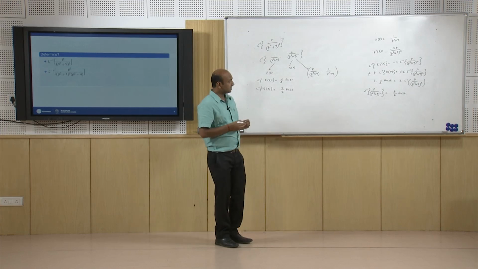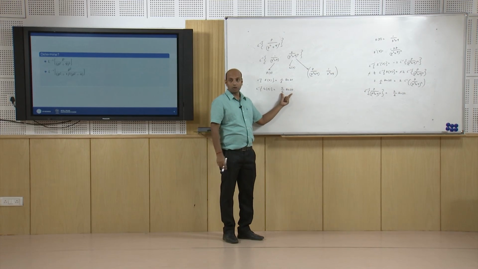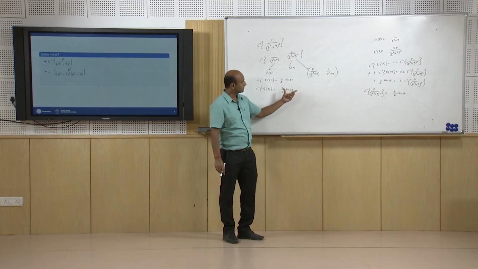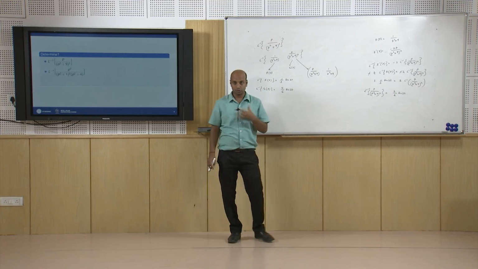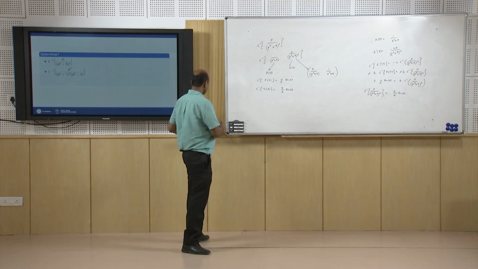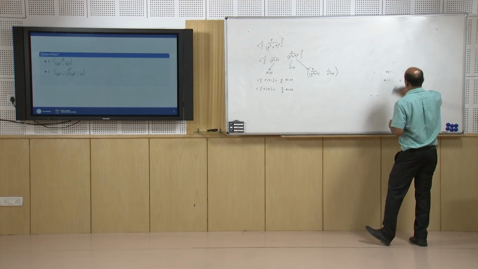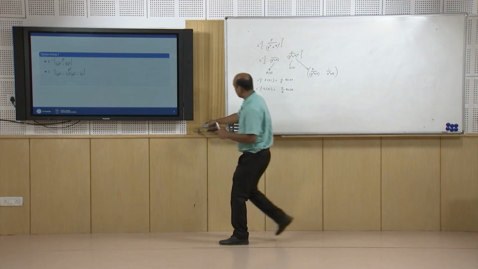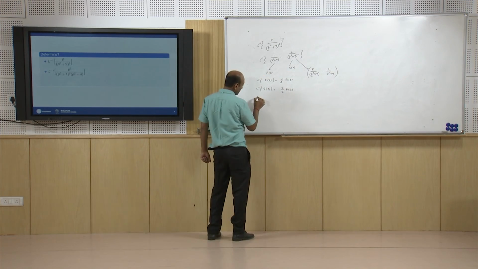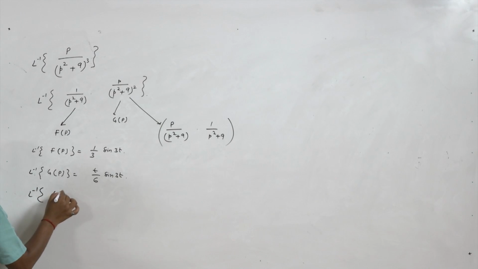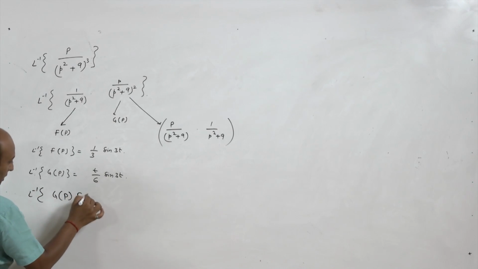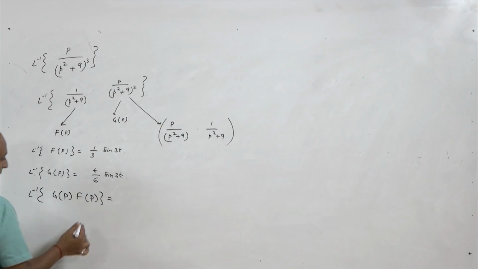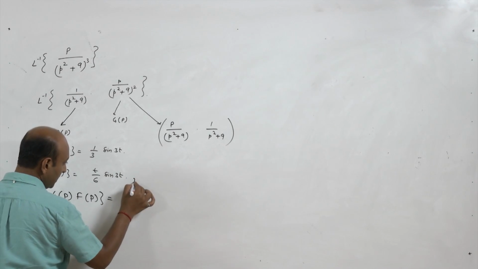So, this you can also find out using convolution theorem. I told you we can easily find this using convolution theorem also. Now to find Laplace inverse of the product of these two, that is Fp into Gp, or Gp into Fp, both are same. So, it is the integral from 0 to t.